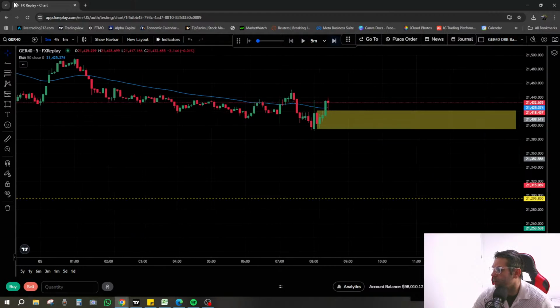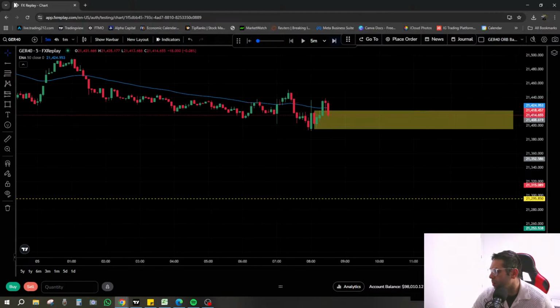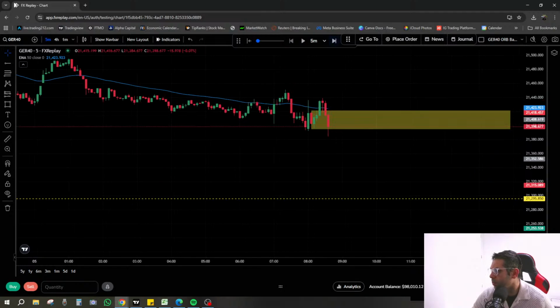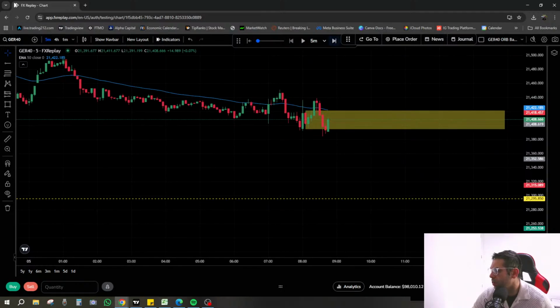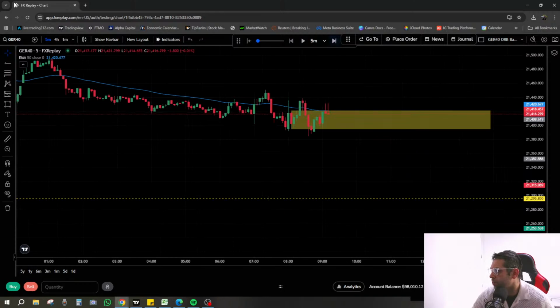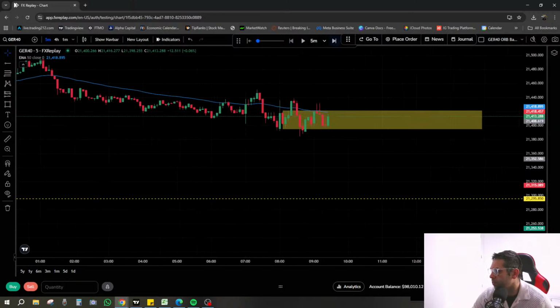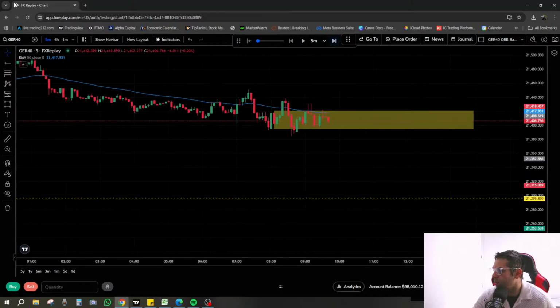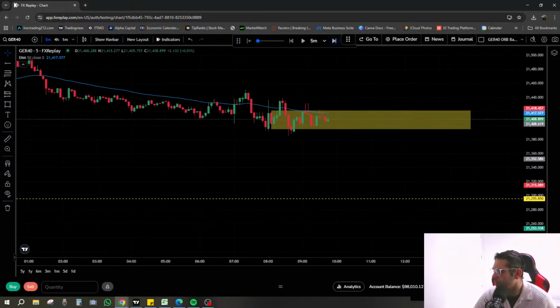We have a breakout. Back into the range. Fails to hold above or below.